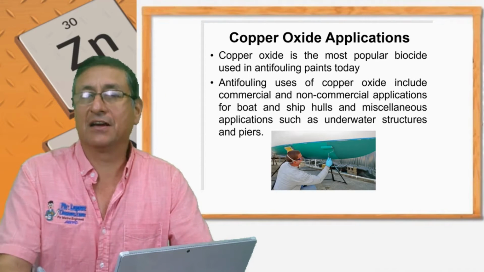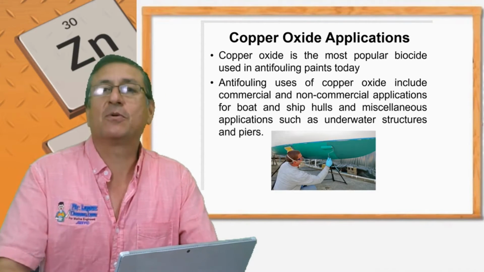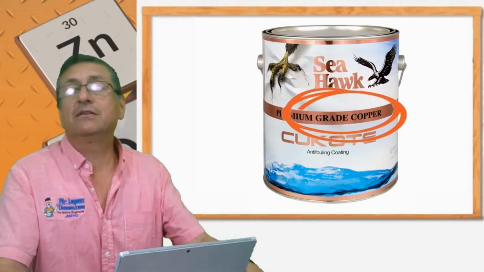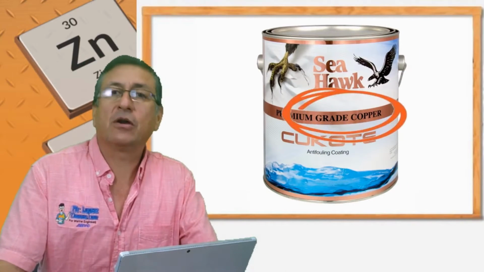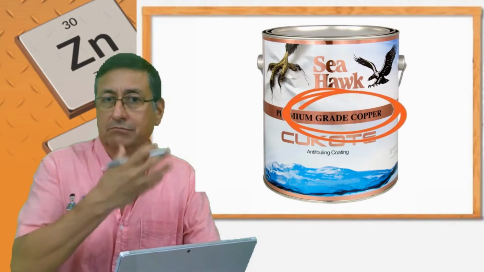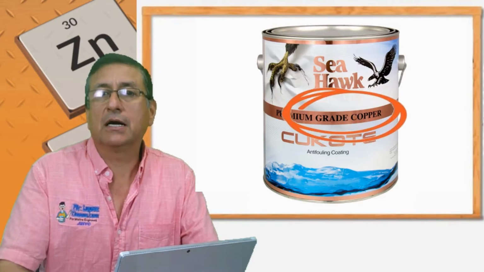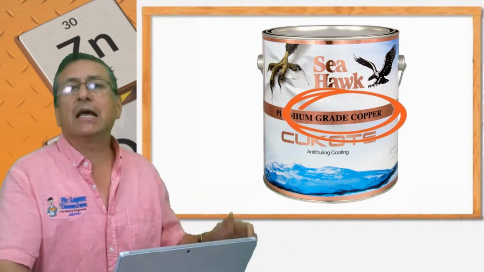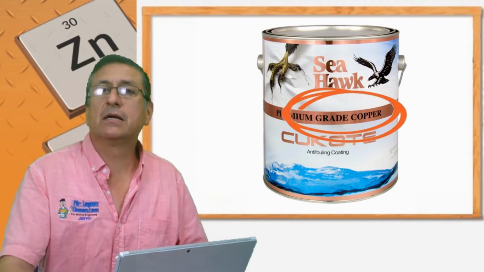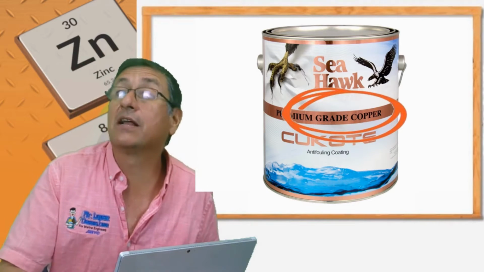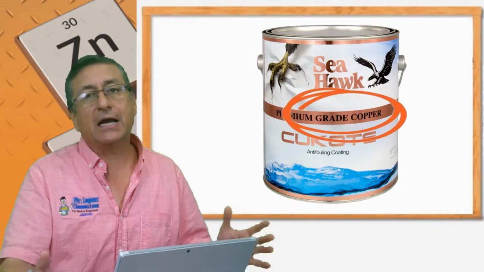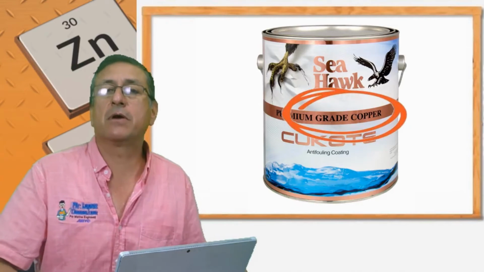Applications of copper oxide. This is one of the most common applications. Yes, the bottom paint used on your boats is based on copper oxide. It's copper oxide with different pigments to create different colors, but it's copper oxide. This is excellent for boats in fiberglass, for boats in carbon fiber, but copper oxide is no good on aluminum hulls because copper and aluminum are enemies in the marine environment.